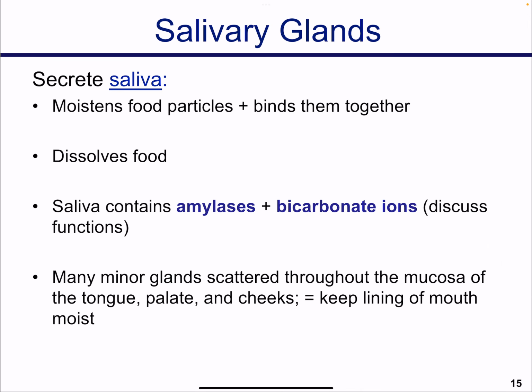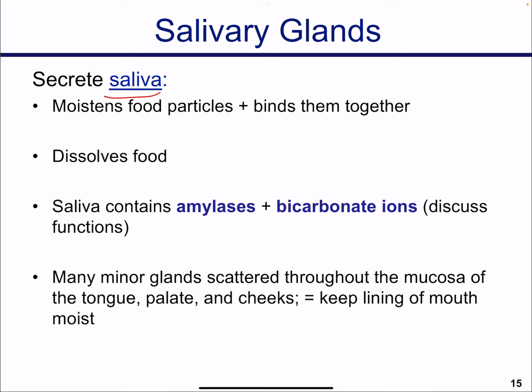Then, still in the mouth, we have the saliva. We have salivary glands. We have 3 pairs of salivary glands in the mouth. These salivary glands are going to release saliva. And saliva, it's a mix of enzymes, water, and salts, right?